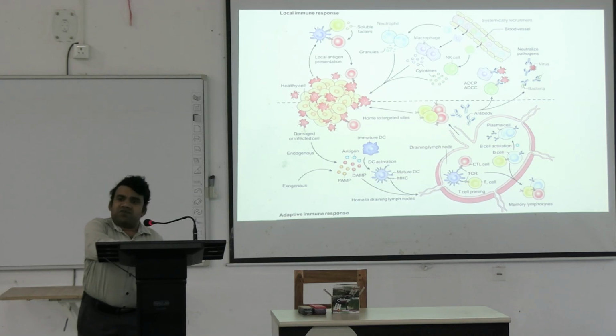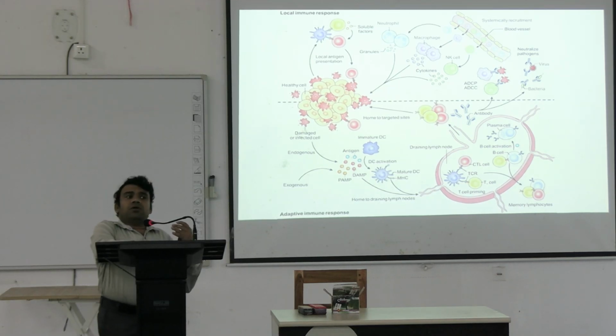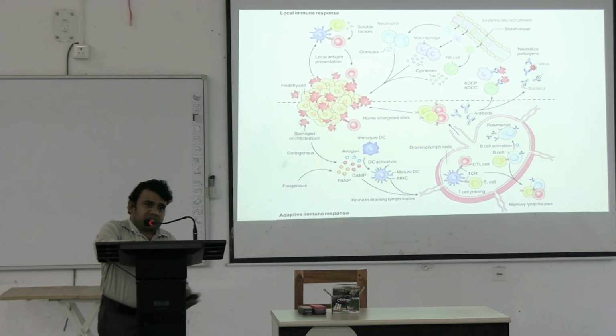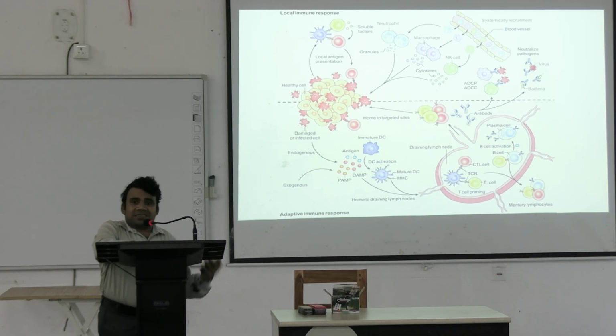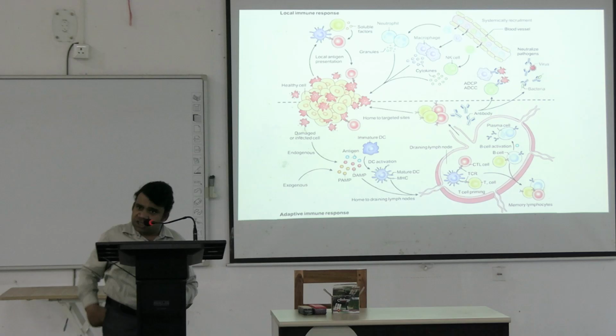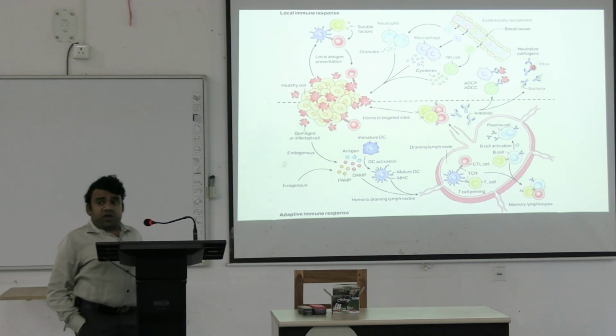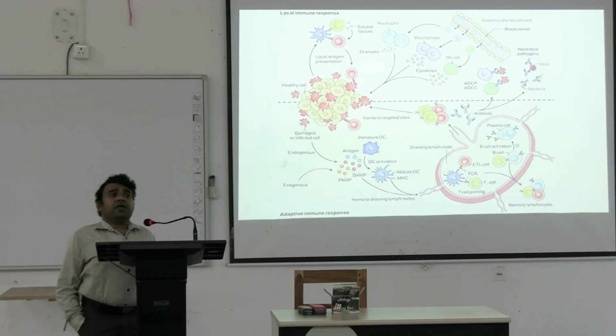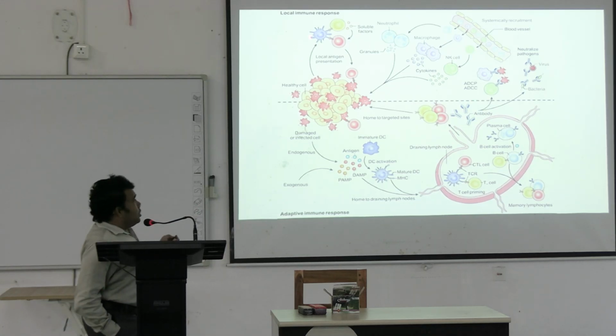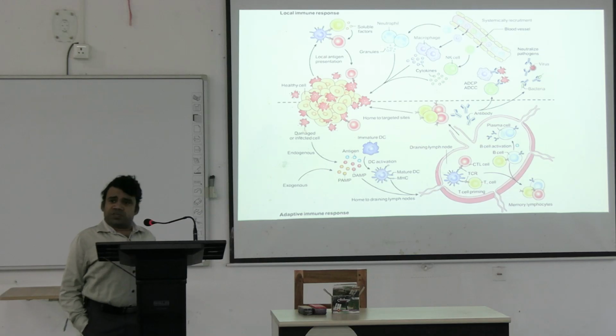So why does this inflammation occur? Because whenever there is tissue damage, cytokines are released from the damaged tissue cells, and these cytokines will trigger and recruit macrophages and other cells of inflammation. These cells will try to get rid of the pathogen and also the necrosed and dead human cells. This is called the local tissue response or local immune response.